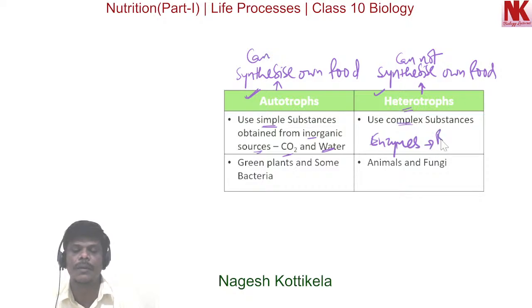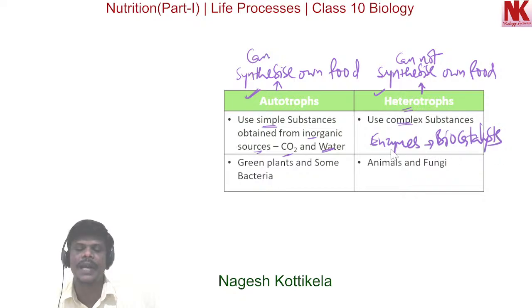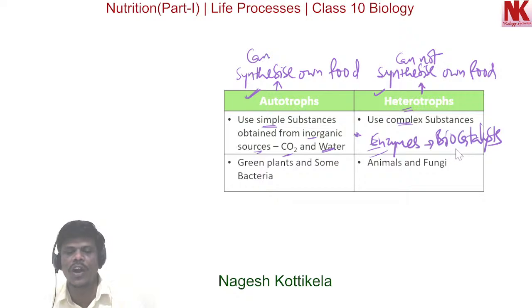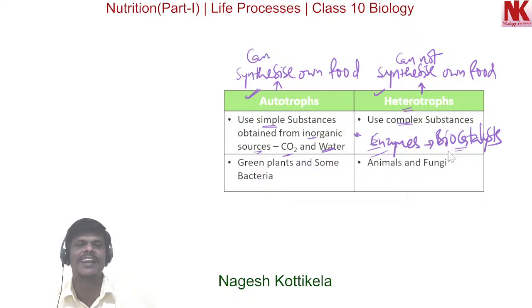These are called biocatalysts. These enzymes break down the complex substances into simpler substances, and those simpler substances are utilized by the organisms. So one important word here is enzymes. They are also called biocatalysts because they catalyze biochemical reactions in living organisms.